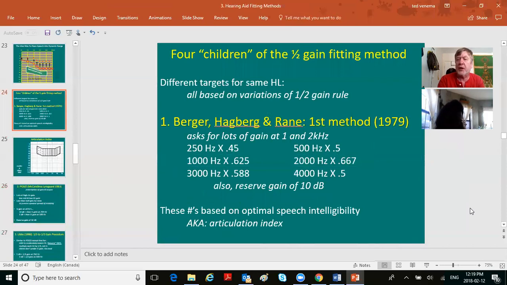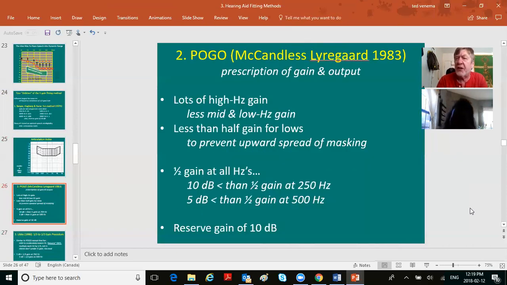And POGO comes out and goes, nah, we don't think so. Here in Utah, we have a different philosophy. We like the half gain rule all right, just like you do, but we think you give too much gain at 1 and 2. We think you should concentrate on the high frequencies the most. So lots of high frequency gain, it says here. Less mid and low gain.